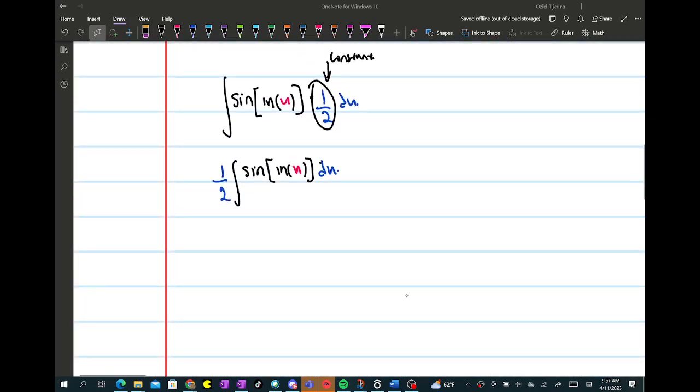Obviously we still cannot integrate this. It's impossible, right? So what we need to do is use another variable, and in this case it's whatever's inside the sine part.